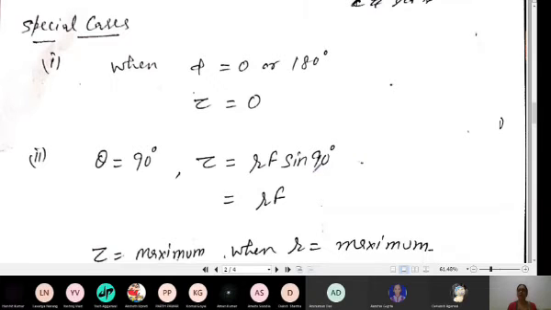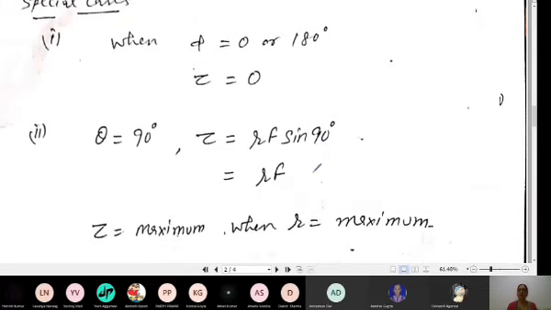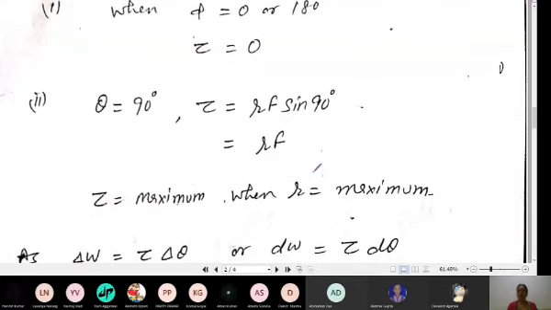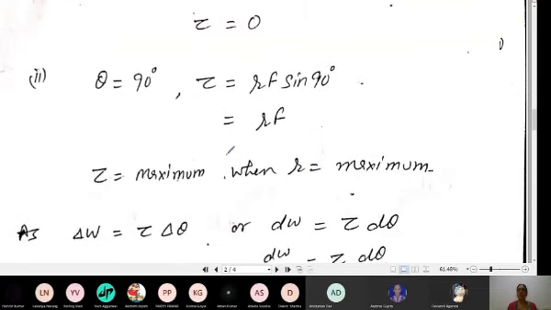It means you are applying the force perpendicular. Torque has to be maximum when theta is 90 and when the value of R is the greatest. That is the reason why handles are provided at the edges, just to increase the value of this R.